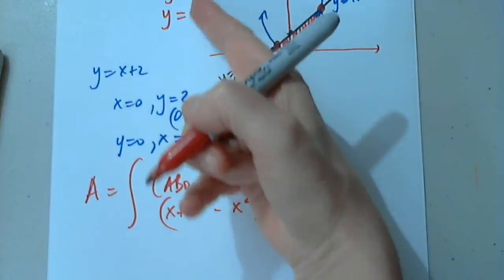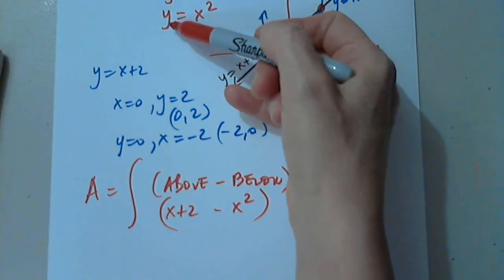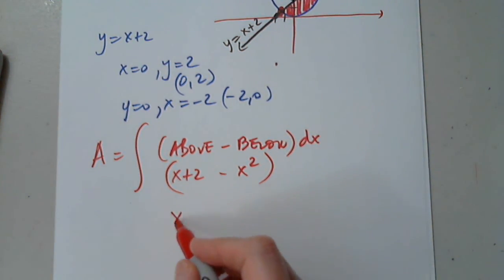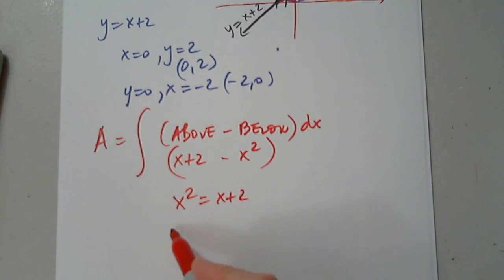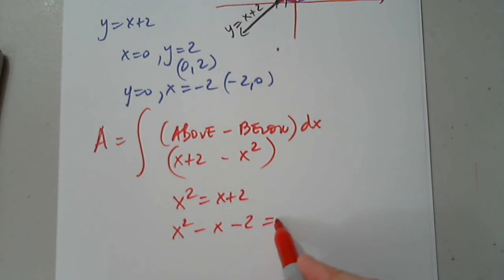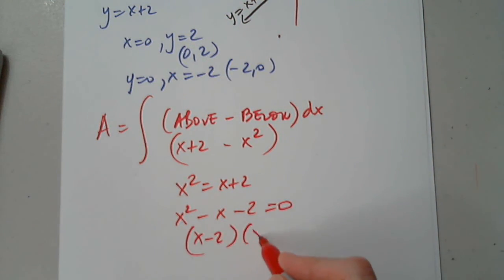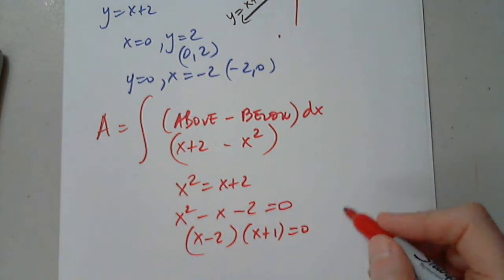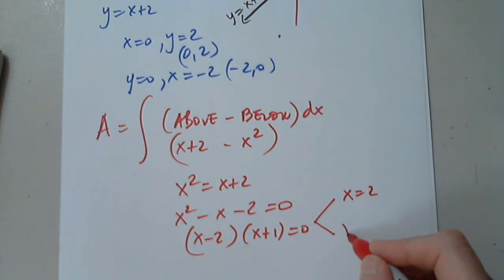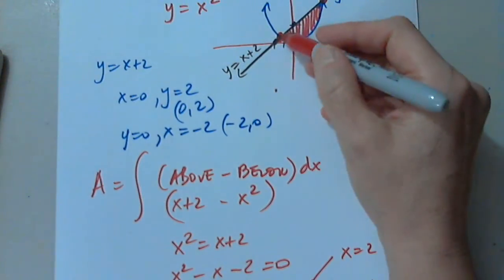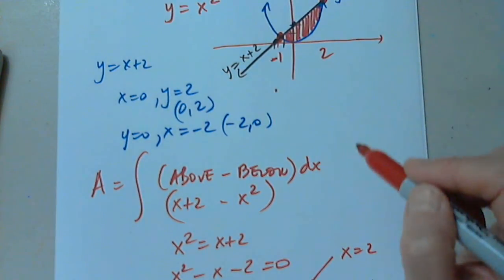So I have to set these two equal to each other because y and y are the same. So x squared equals x plus 2, or x squared minus x minus 2 equals 0 if you don't want to factor, although it's too easy. You can use that app. So I have x equals 2 and x equals negative 1. This is at negative 1 and this is at 2.